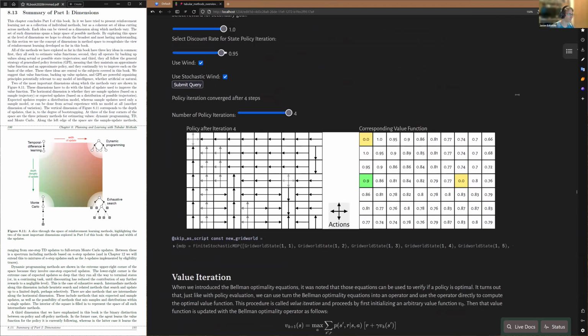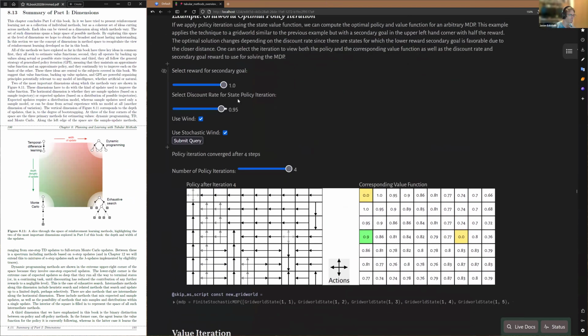And one of the easiest ways to see that is with this example. So here, I've created this grid world, but now there's a secondary goal up here. And this is just the plain deterministic grid world.